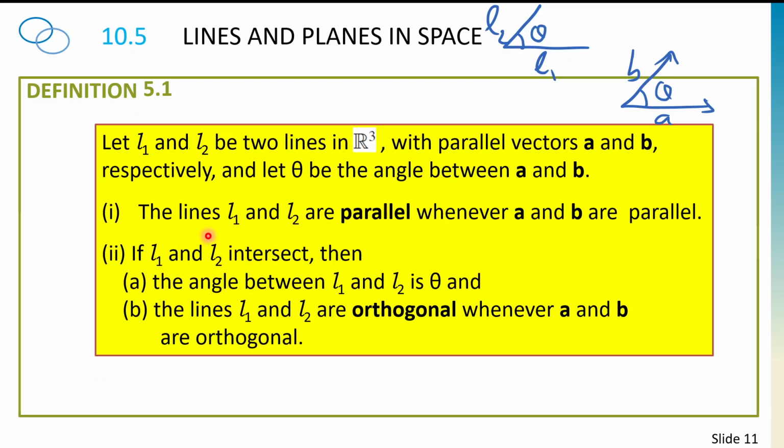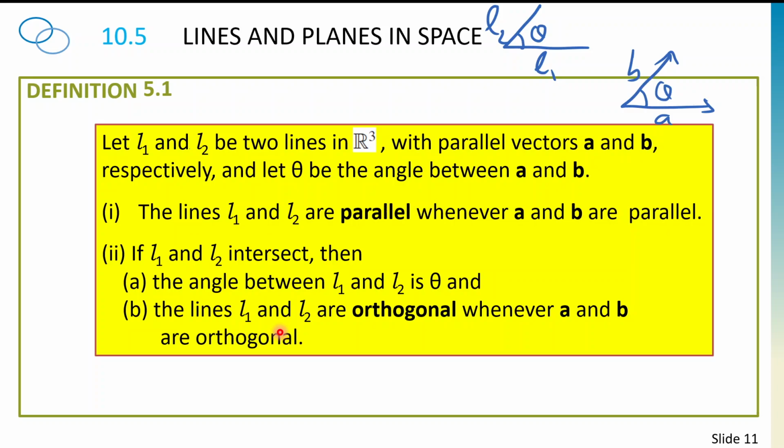If the 2 lines have an intersection between them, the angle between L1 and L2 is theta. Let's define the angle in between as theta. And the lines L1 and L2 are orthogonal to each other whenever A and B are orthogonal. So basically that means they have the same behavior.